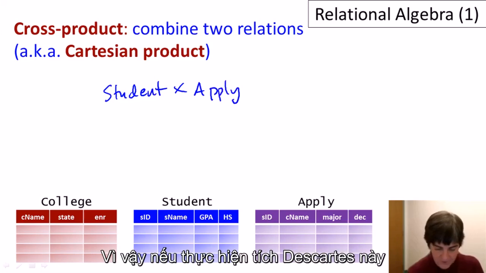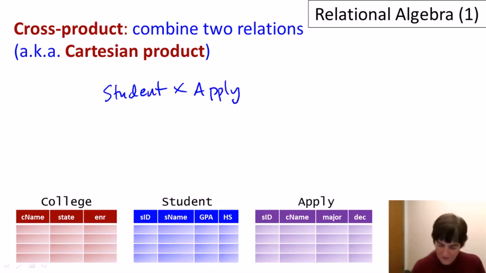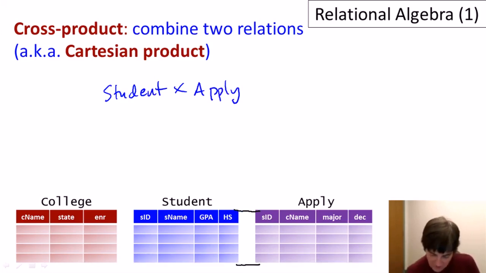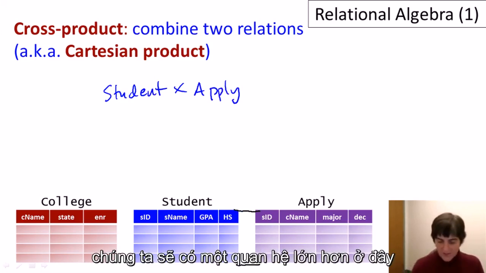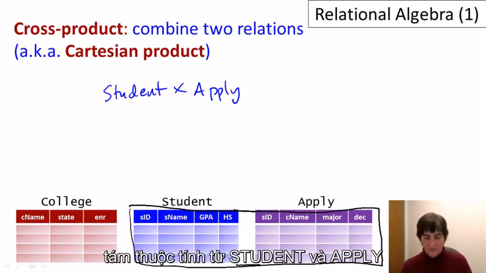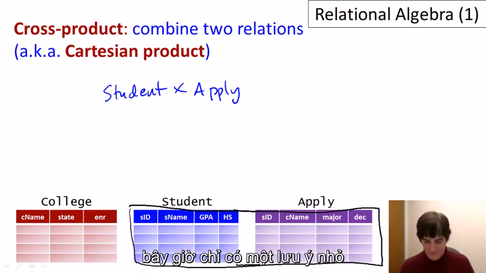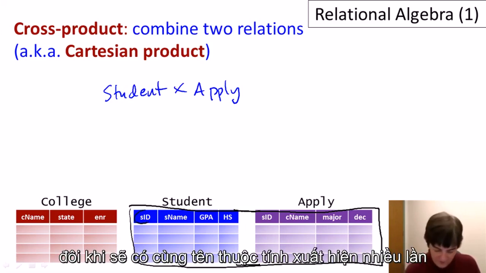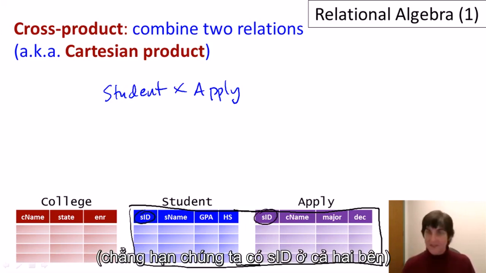Just to save drawing, I'm going to glue these two relations together here. If we do the cross product, we'll get as a result a big relation, which is going to have 8 attributes, the 8 attributes across the student and apply. The only small trick is that when we glue two relations together, sometimes they'll have the same attribute name. We can see we have SID on both sides.